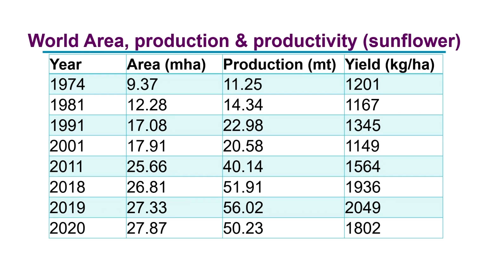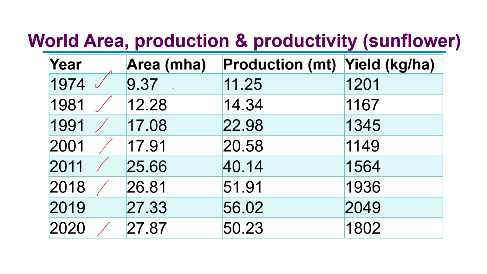Now see the world area, production and productivity of sunflower. In the first column we have different years like 1974, 81, 91, 2001, 2011, 2018 and up to 2020. Now let us see the second column, in which area in million hectare is given. 1 million hectare means 10 to the power 6.